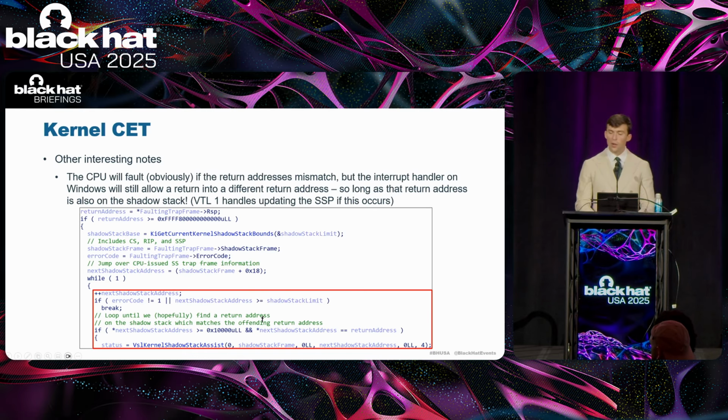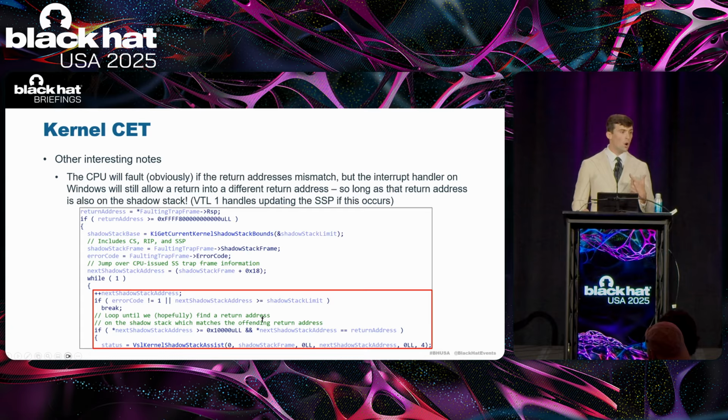Another interesting note here is that the CPU is going to issue a special interrupt when the control flow protection fault is incurred, but that is not all she wrote. Because what happens here is that on this interrupt handler being invoked, which is handled by VTL0, the stack value which caused the CET violation is preserved, and we actually loop over the entire shadow stack.